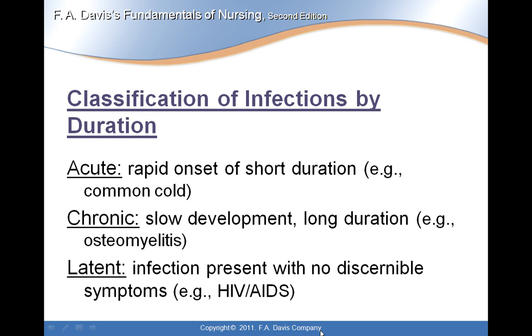Now, with classification of infections by duration, acute is when a person has a rapid onset of short duration. So usually something that we consider to be acute is less than 6 months, whereas chronic has a slow development and a long duration.